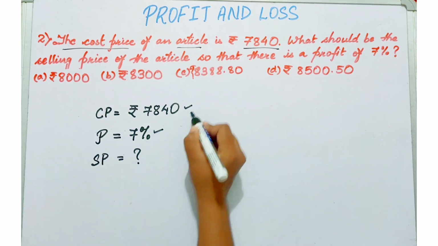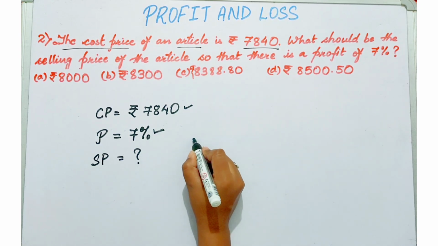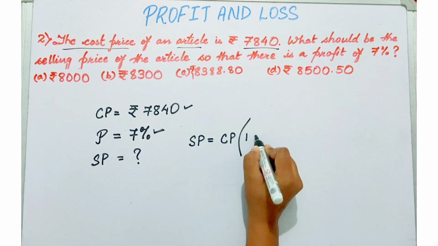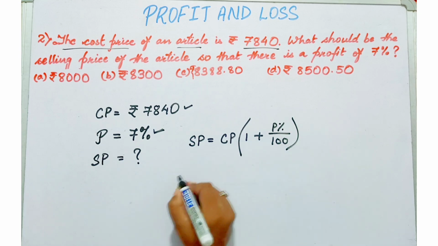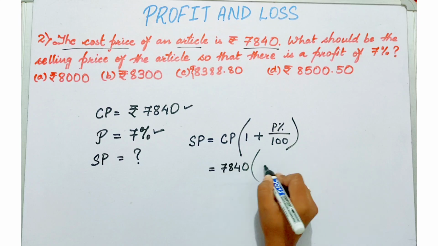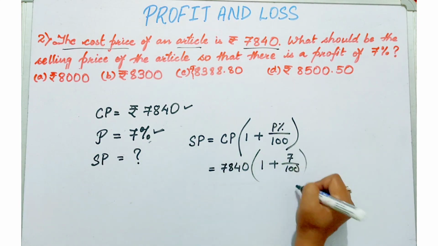When profit percentage is given and cost price is given, the formula for SP is CP into 1 plus profit percent divided by 100. That is, CP is 7840 and 1 plus 7 by 100, as profit is 7%.